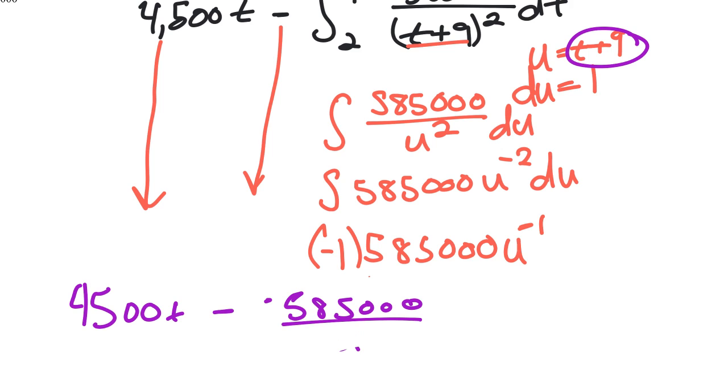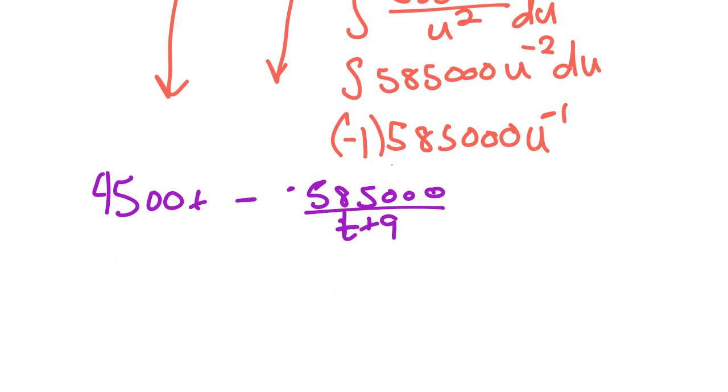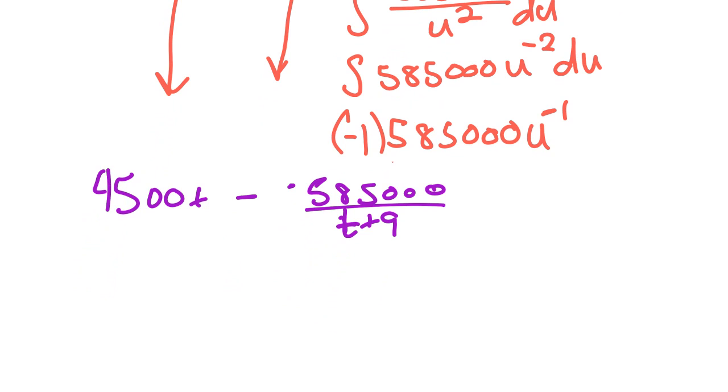So I'm going to erase that and plug in a t plus 9. A negative and a negative, that makes a positive. So this is a plus. And I need to find it from 2 to 4.